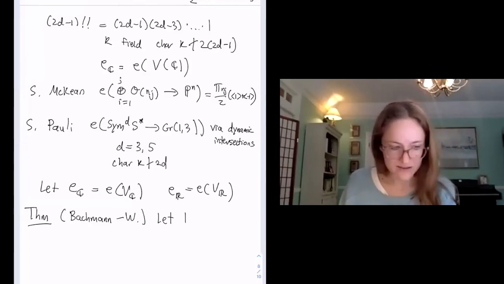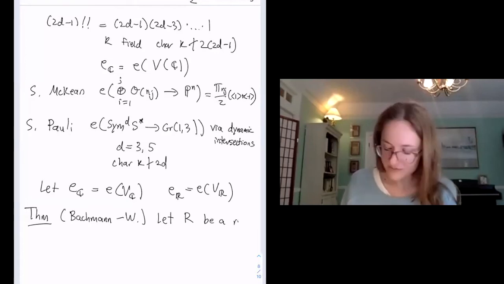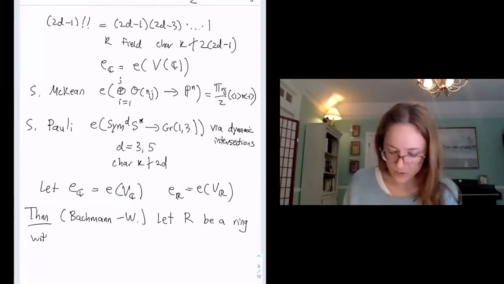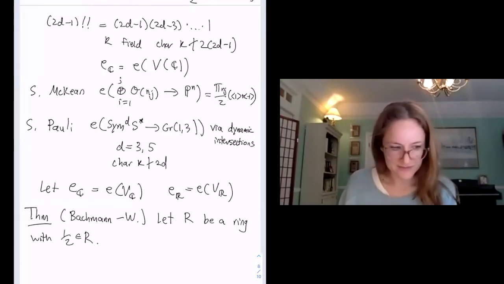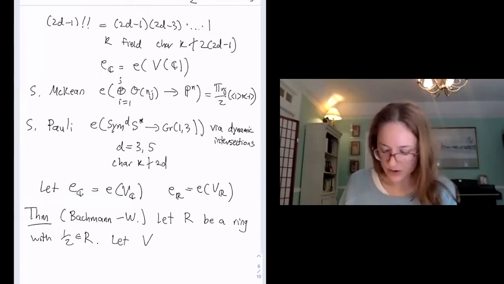So let R be a ring with 1/2 in R. And you can also do just a field of characteristic 2.